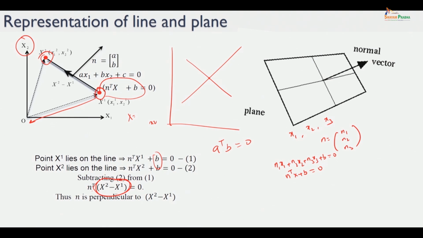The way to see this is, in 3 dimensions we have 3 degrees of freedom. If you write one equation, you are taking away 1 degree of freedom. So, we are left with 2 degrees of freedom, and a 2 degree of freedom object is basically a plane, and this is what is shown here.